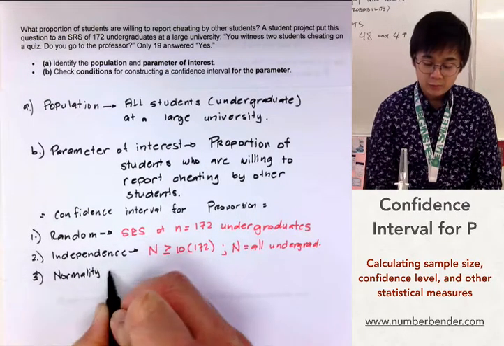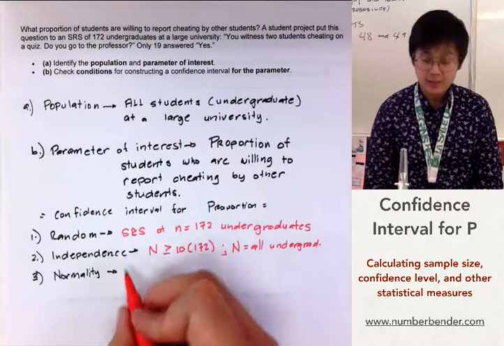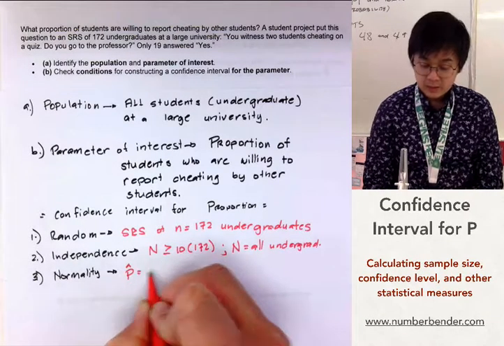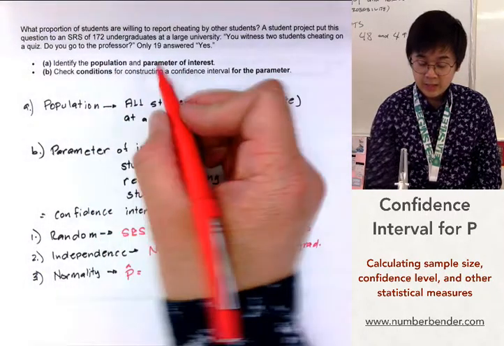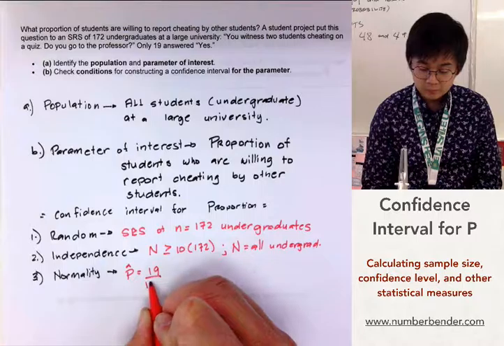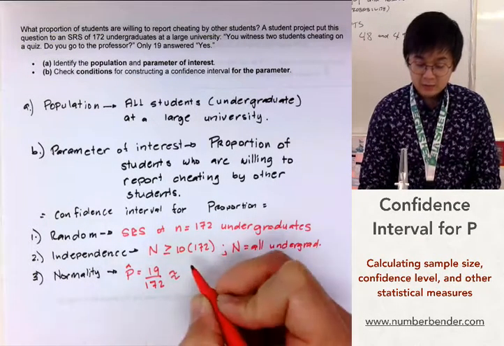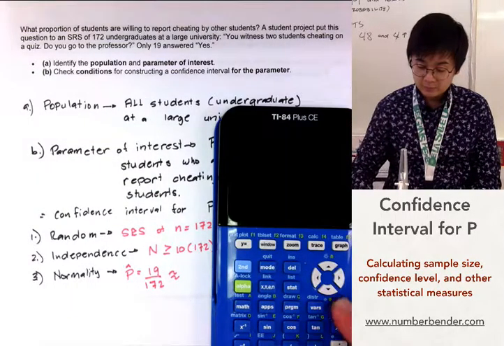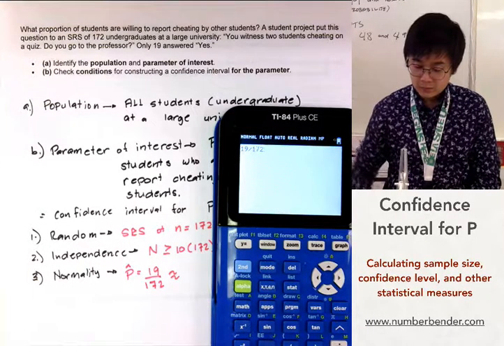This one will require a little bit of computation kasi kailangan natin yung value ng p hat at saka ng 1 minus p hat. So, ang p hat natin is 19 all over 172 kasi sila lang yung gustong magsumbong at yung 19 divided by 172 using our calculator is 0.11.